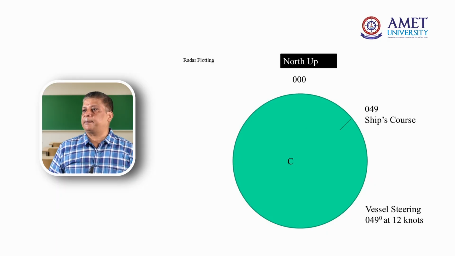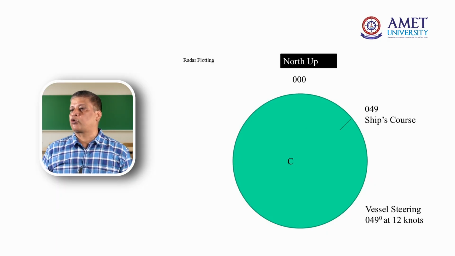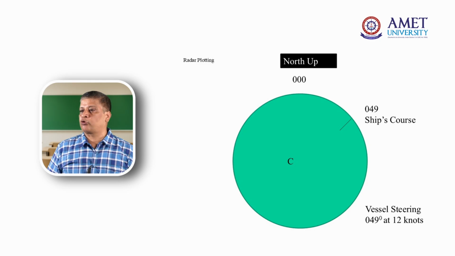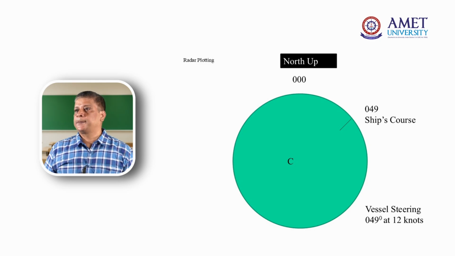Let's see how to work this if we have to do a radar plotting ourselves manually. This is the basic setup. The course is shown 049, vessel steering 049 at 12 knots. The bearing and distance at various times were given in the question at 12:06, 12:09 and 12:12.